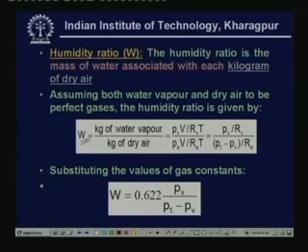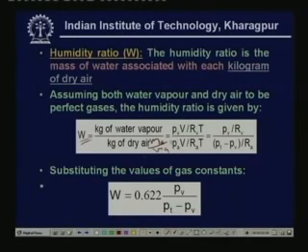Humidity ratio W is kg of water vapor divided by kg of dry air, that means the mass of water vapor MV divided by MA, and MV and MA are written in terms of pressures, volumes and temperature using the perfect gas equation, because we know that PV is MRT. So, we replace the masses by these quantities.